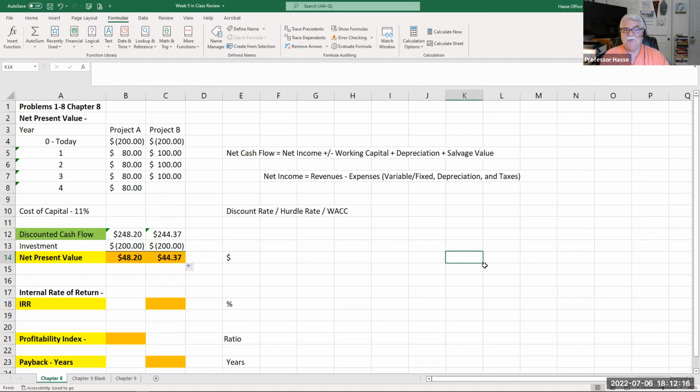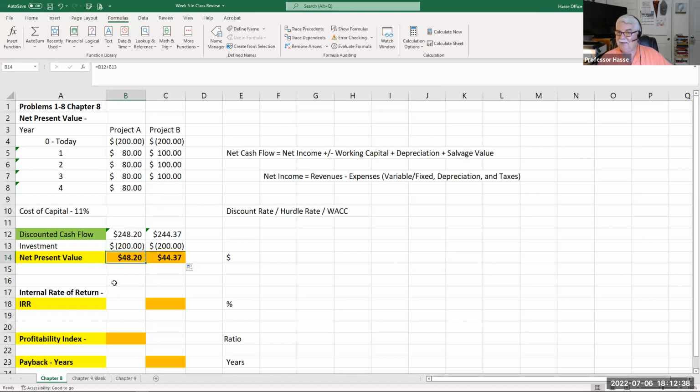The net present value, in English, is the discounted cash flow related to the investment, the difference. The discounted cash flow at the cost of capital of that project taken against the investment, what's the difference?